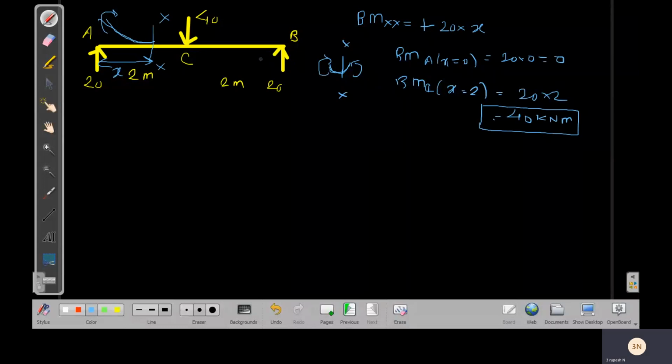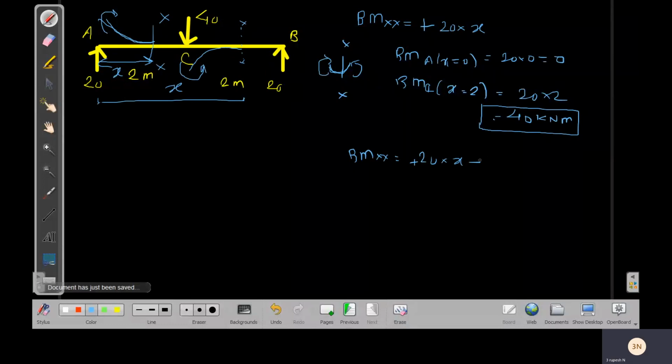Okay. Now consider this section xx again. Now we have to find out the bending moment equation at B point. Okay. Bending moment at xx for the second span. Okay. So this value is 20 into, for example, now this distance is x. Okay. And 20 into x is producing sagging, so positive. This particular one is producing hogging, reflecting like this, so producing hogging bending moment.